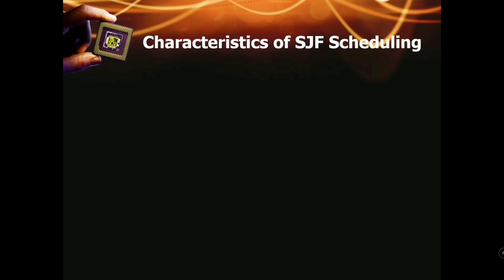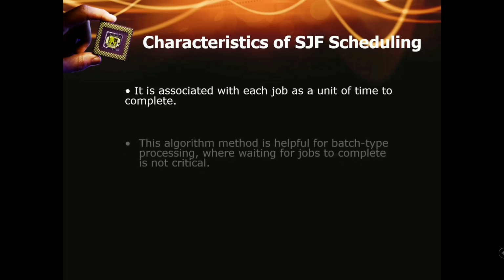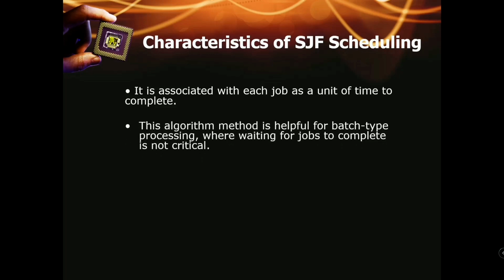These are the characteristics of SJF scheduling. First, it is associated with each job as a unit of time to complete. Second, this algorithm method is helpful for batch type processing, where waiting for jobs to complete is not critical.